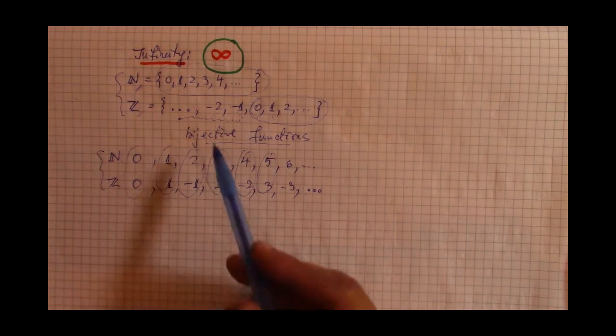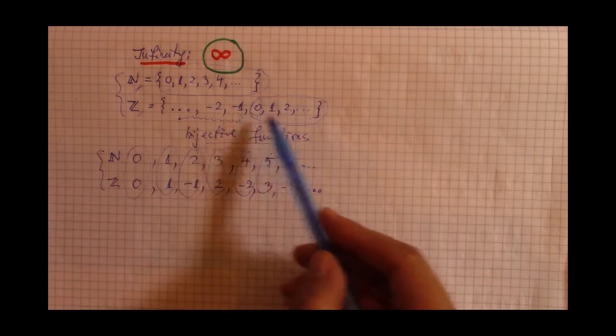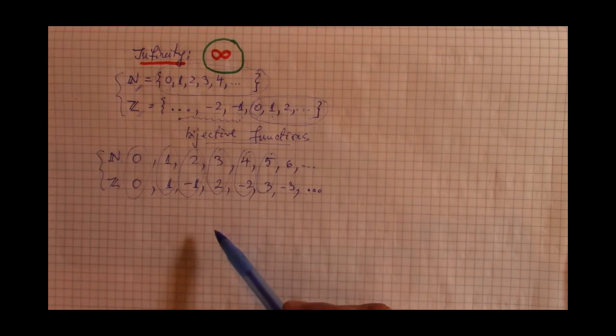It could be the case that something looks bigger but is really not bigger than something else when the two objects, in this case the two sets, are infinite.